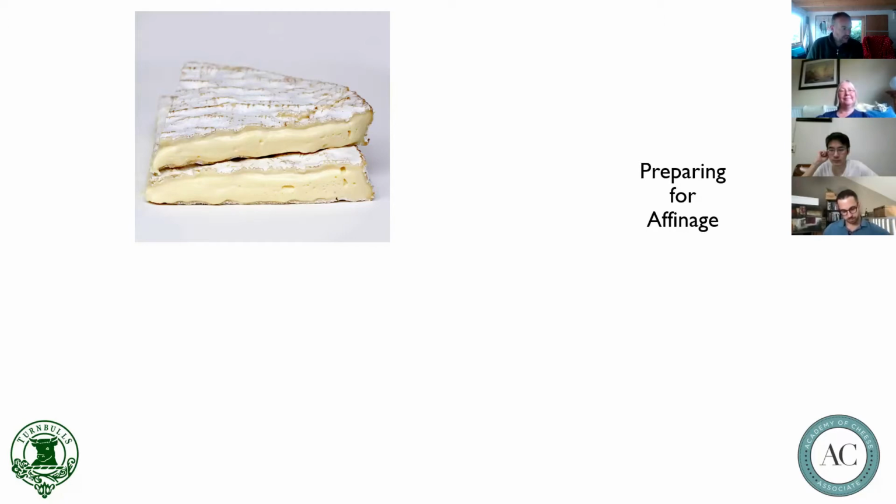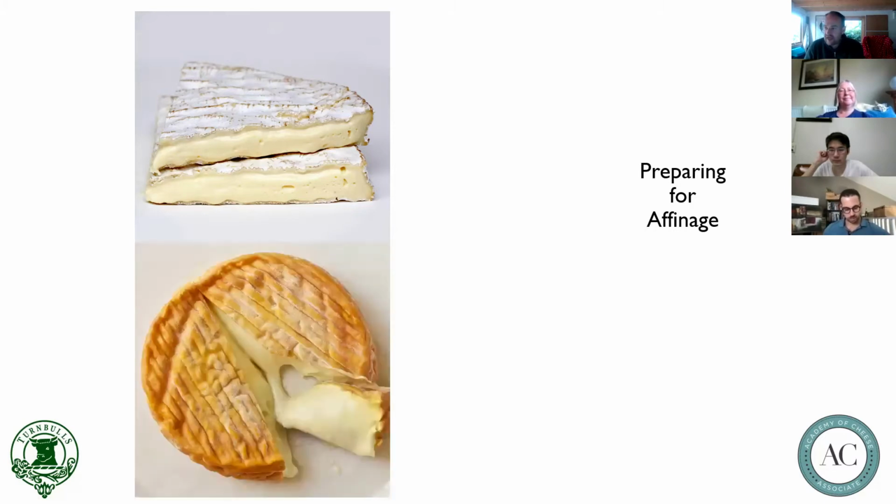Okay, so let's go through these. That one there is a washed rind cheese, otherwise known as bacteria ripened. So our ripening culture on this occasion is a bacteria. Now, there is a type of bacteria that people always reach for and say, washed rind is Brevibacterium linens.